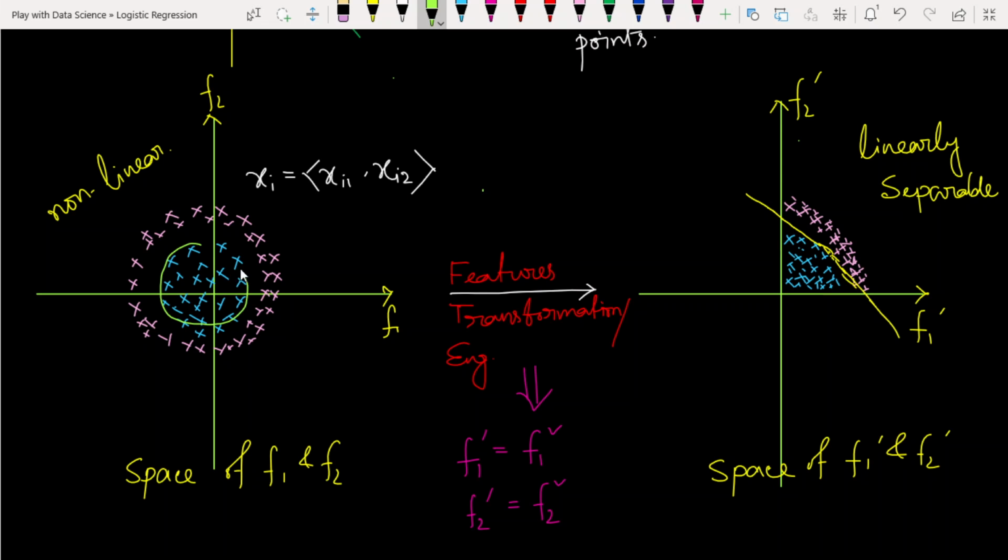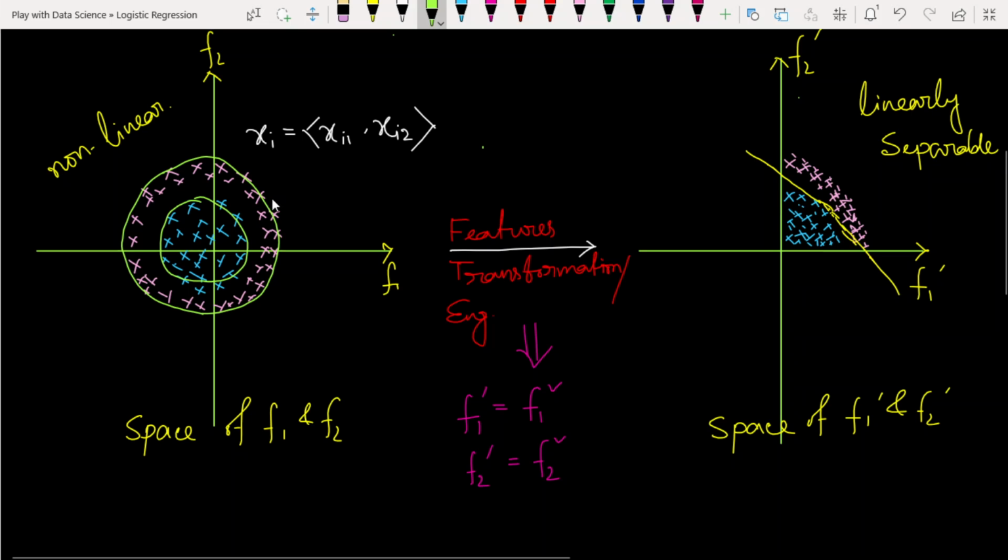This is a type of circle equation, as is this one. Everyone knows that the equation of a circle can be written in this form: f1 square plus f2 square is equal to r.